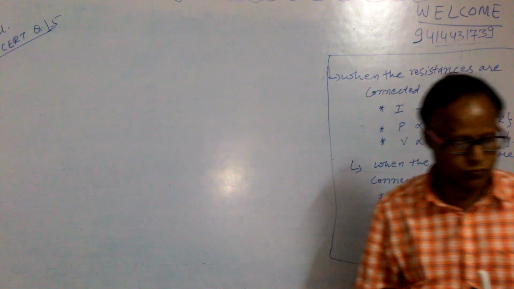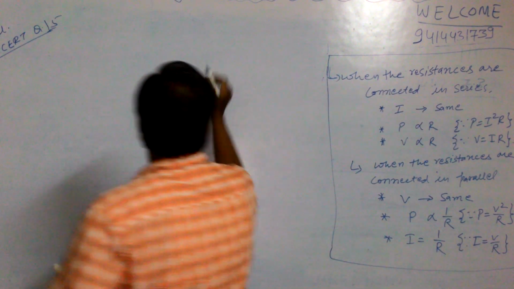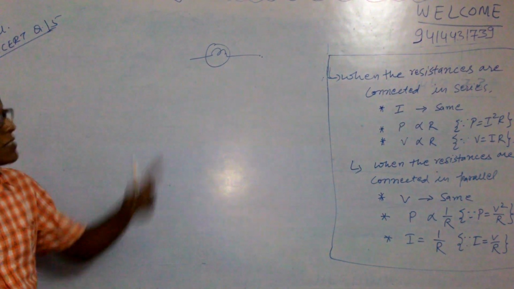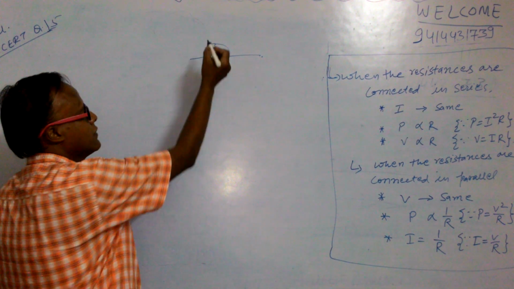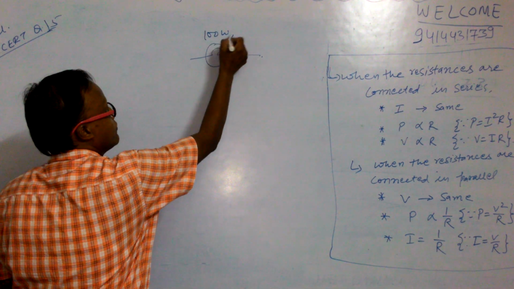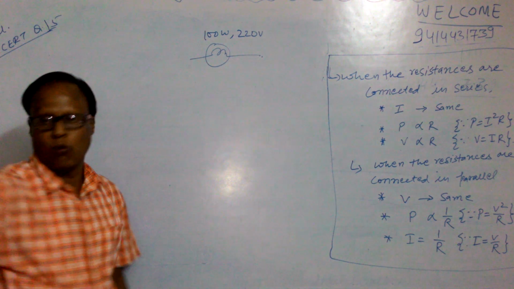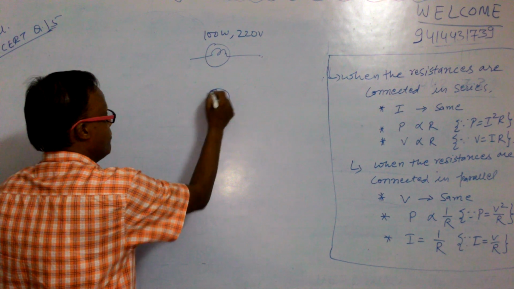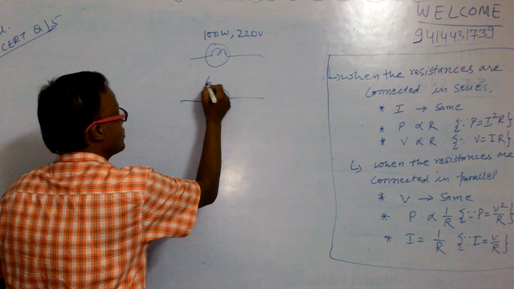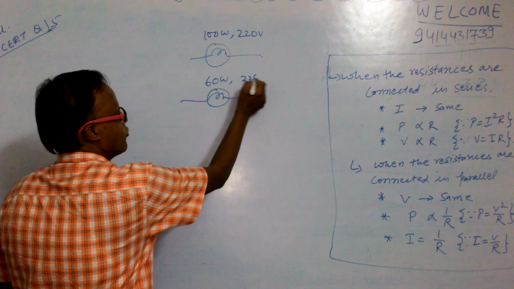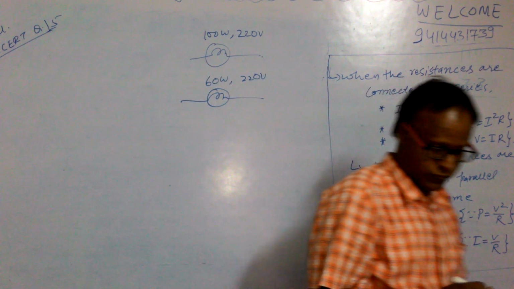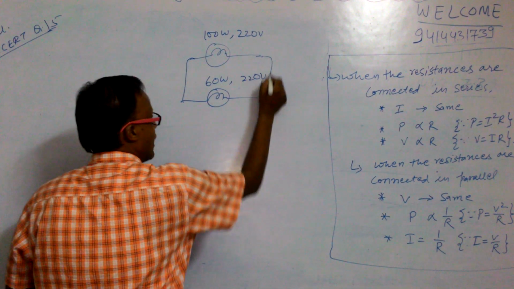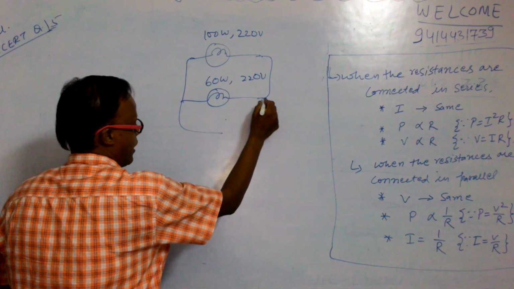Two lamps, one rated 100 watt at 220 volt and another rated 60 watt at 220 volt, are connected in parallel to the electric main supply.